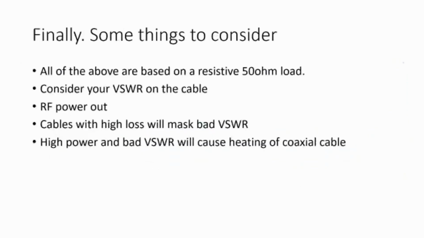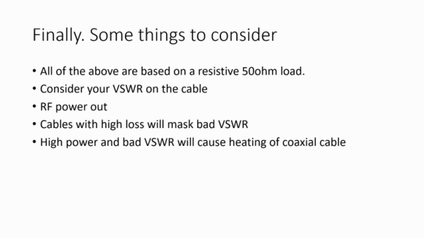So, some final thoughts to consider. All of the above are based on a resistive 50 ohm load, not a real antenna. When you connect to a real antenna, you need to consider your VSWR on that cable. It will have an effect on your RF power output.